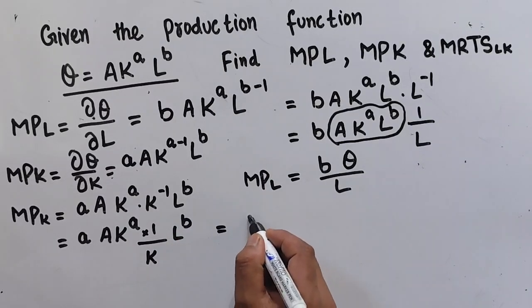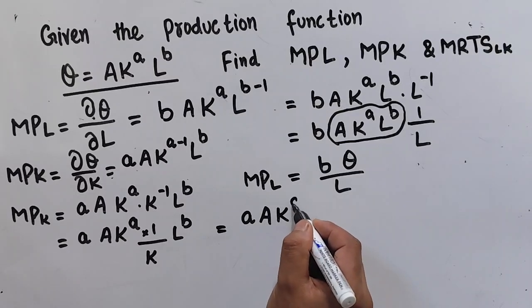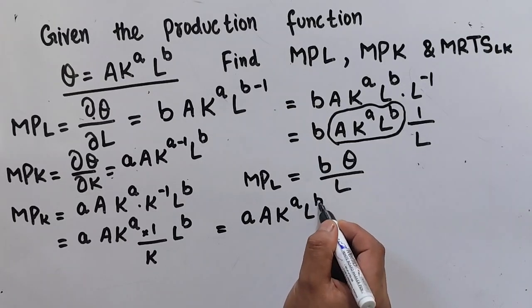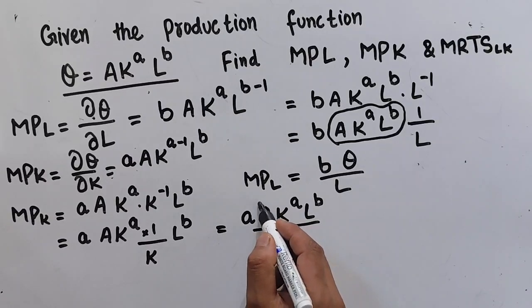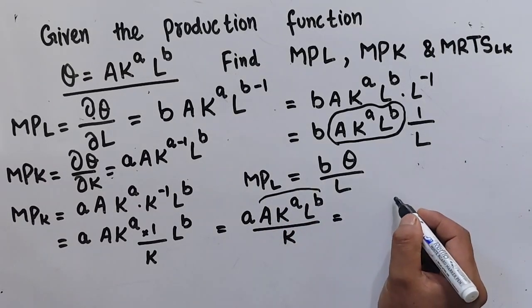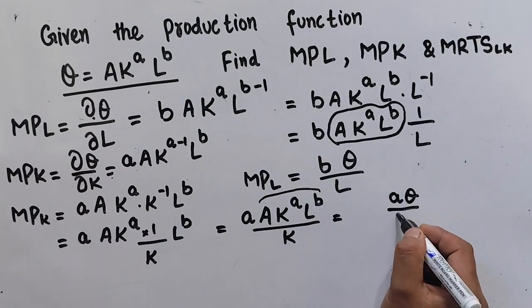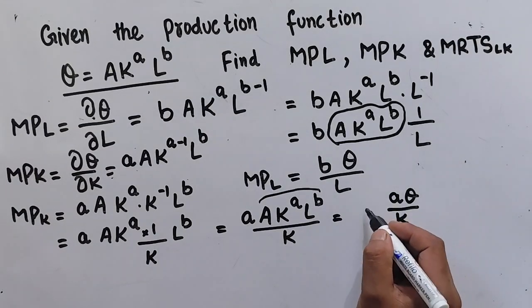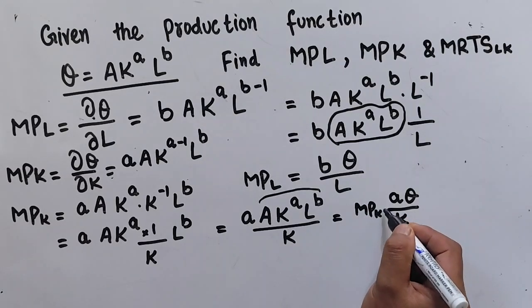So we will get a times A, K to the power a, L to the power b divided by K. This thing is our original production function, so we will get a times Q divided by K. This is our marginal product of capital.